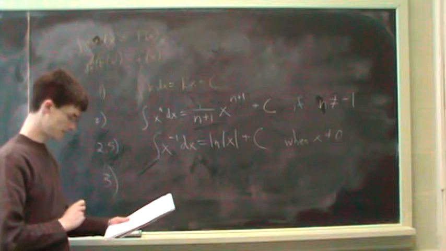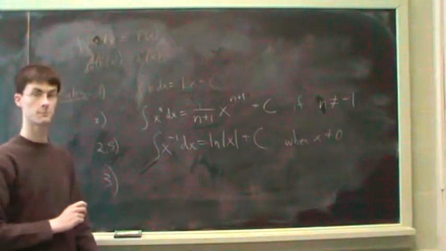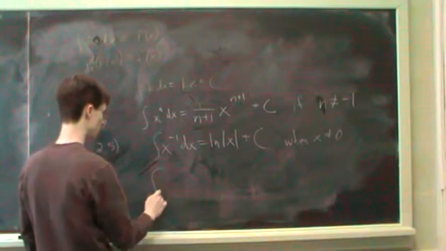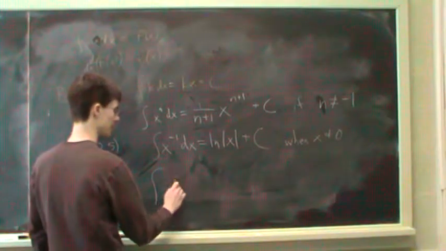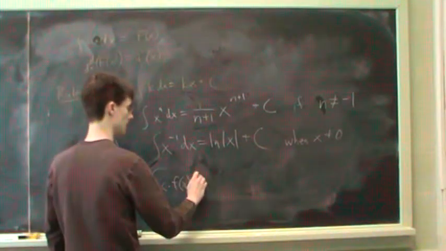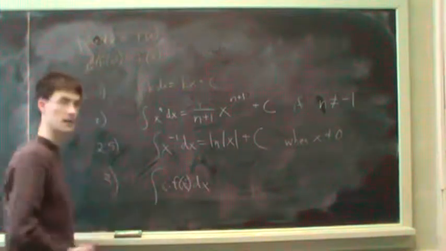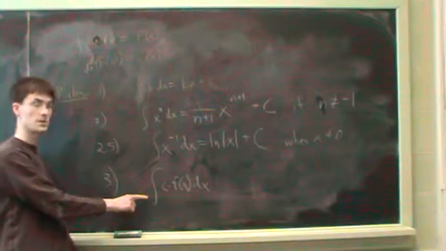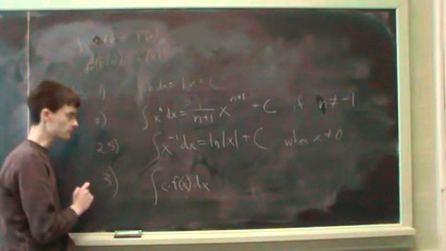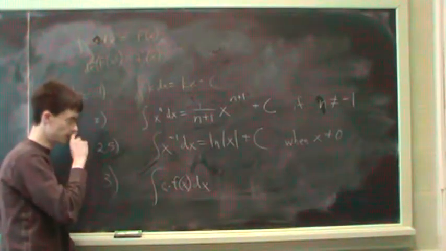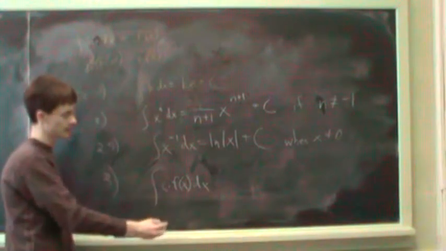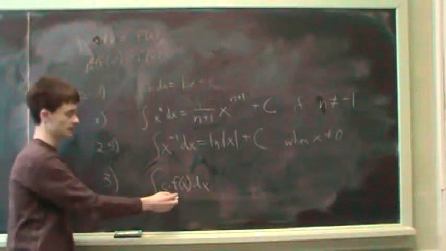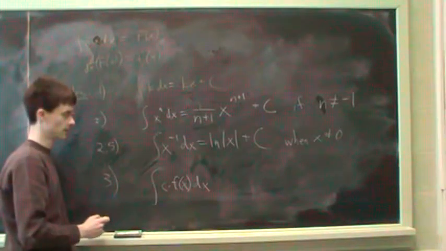Now let's learn about some new rules. So the first one is, what if we're trying to find the antiderivative of some constant times the function? How does that relate to the antiderivative of just the function itself? Well, we have a rule that tells us that the derivative of a constant times a function is just the constant times the derivative of the function.